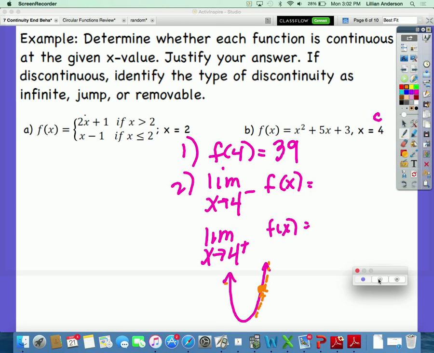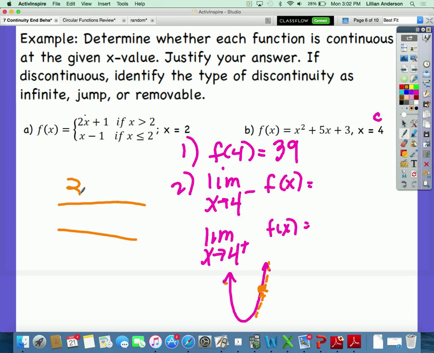Press the second graph now. Now, the closer you get to 4, what's happening with your y's? What numbers are they getting closer to? If you look at 3 and you look at 5, what are those two numbers when you look at your table? You got 27 and what? And 53.